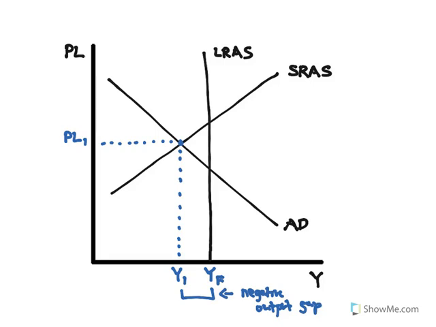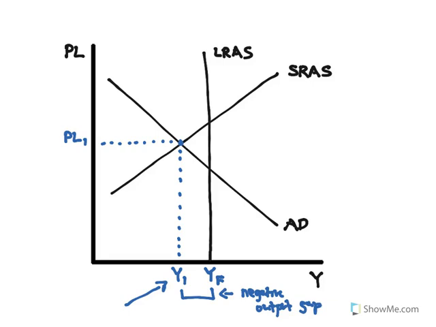But I think what's important, especially if you want a 5 on the AP exam or even a 4, is to understand why this is a recessionary gap. Why is this how we draw it? Because a recessionary gap means an output level that's below or less than full employment. And that's exactly what we drew here. Y1, our current output level, is below full employment output.